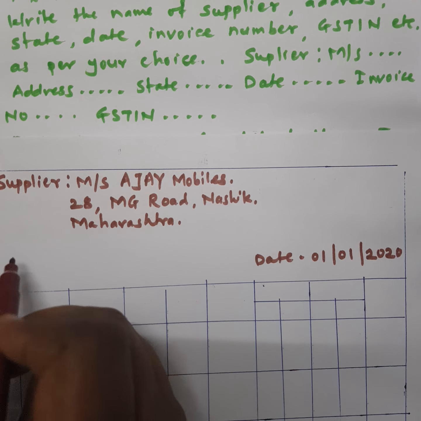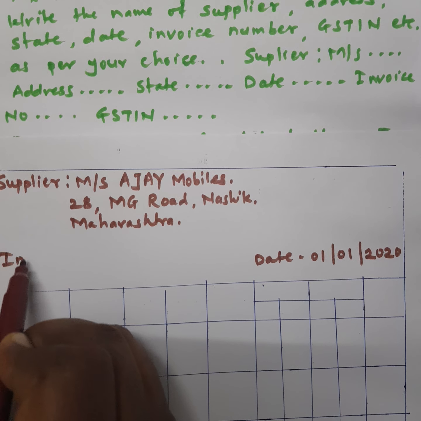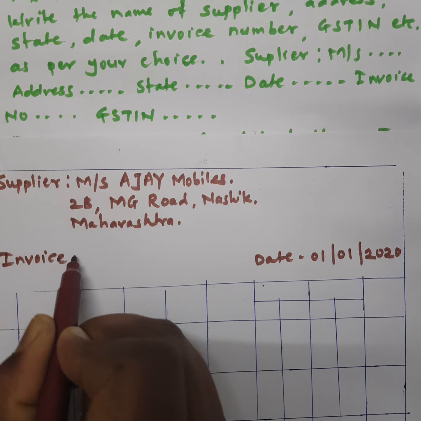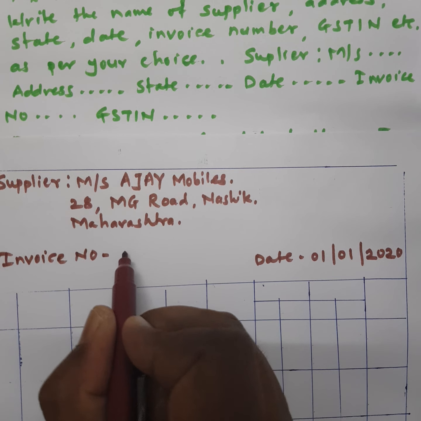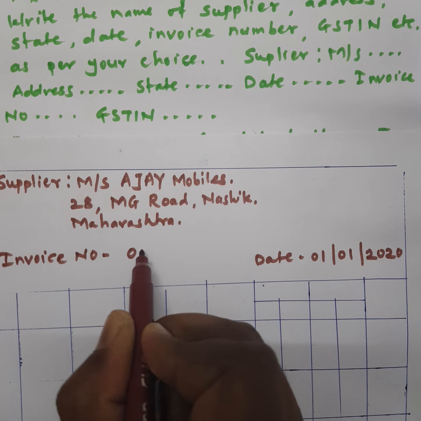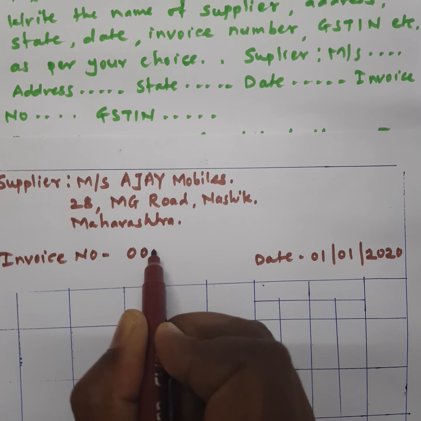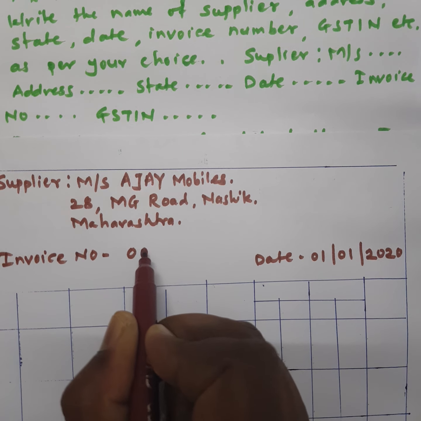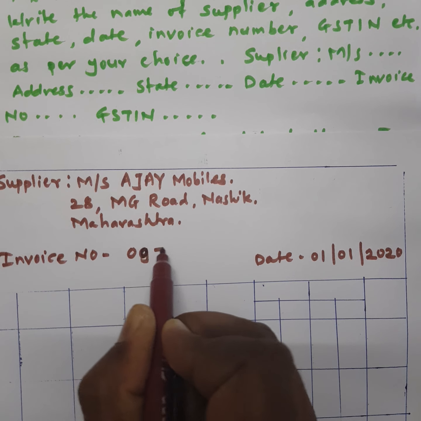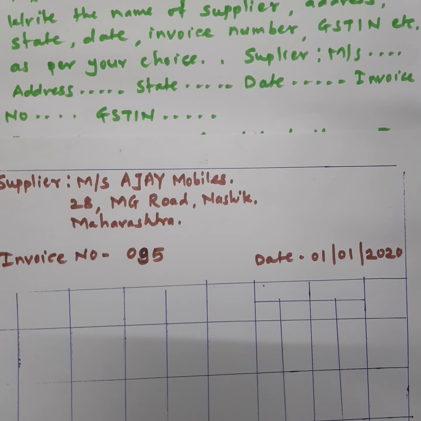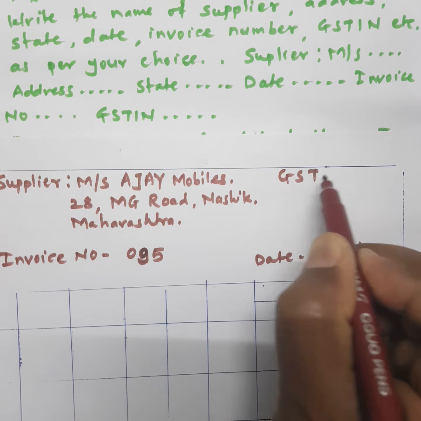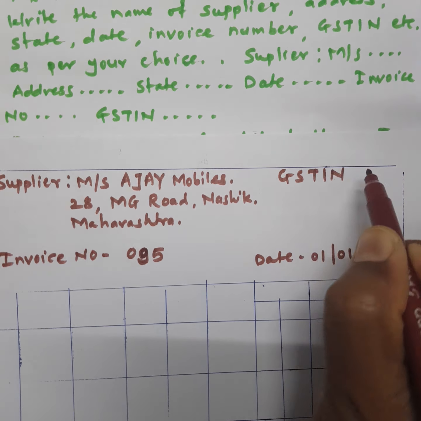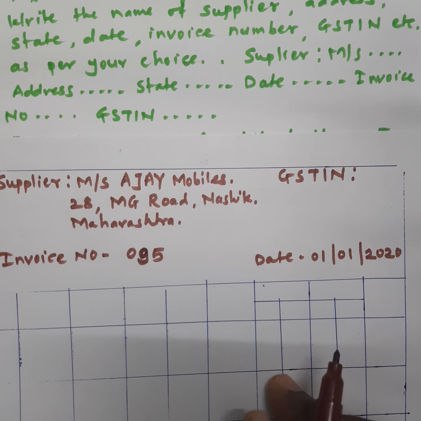Then we have to write the invoice number, say invoice number 095, any number up to 100. We have to write the GSTIN.